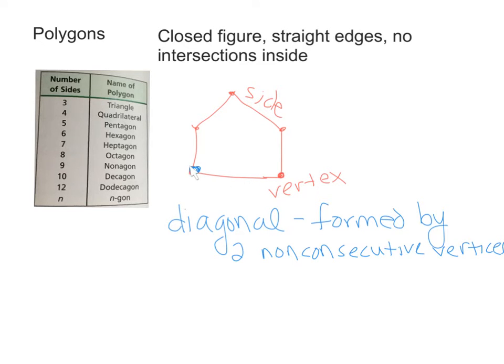And I can't go from that blue point to the red, because those are consecutive. But you can go across the way, so I could go from that vertex to the other, or I could go from this vertex to that one across there. So those are diagonals, vertex to vertex, as long as they're not neighboring vertices.